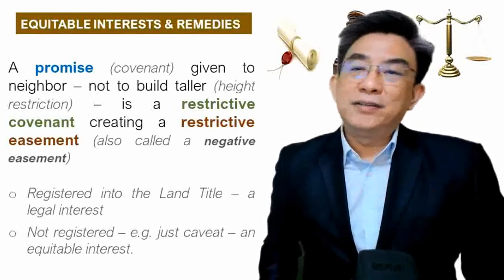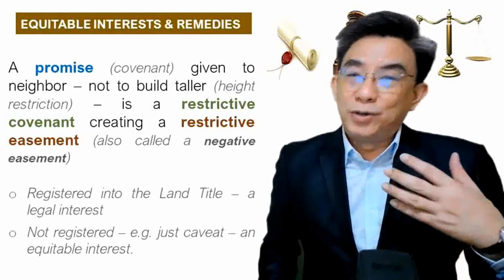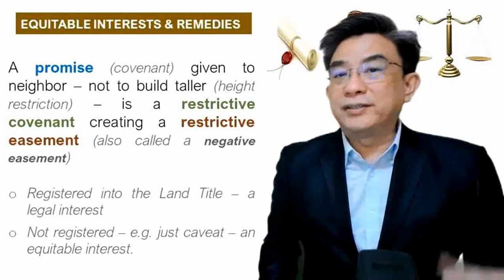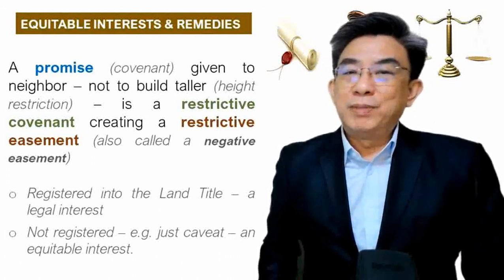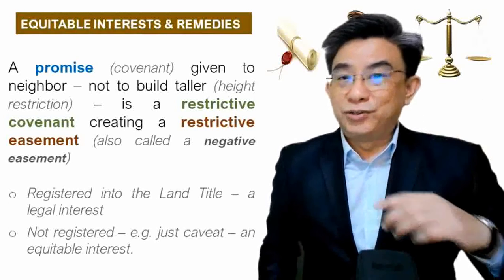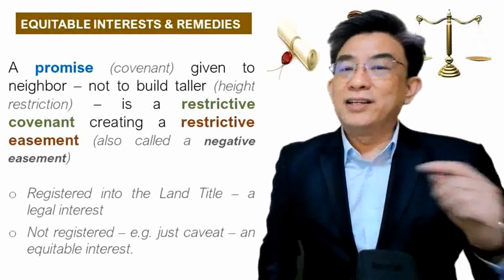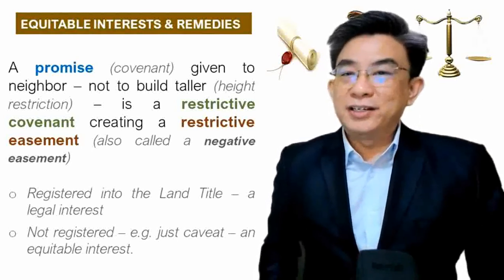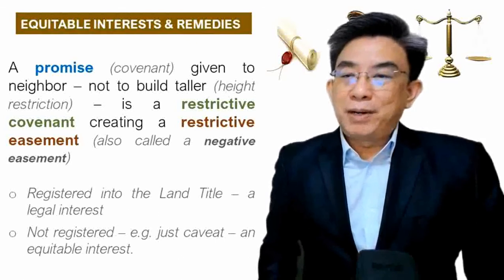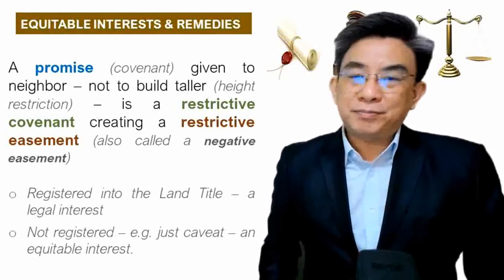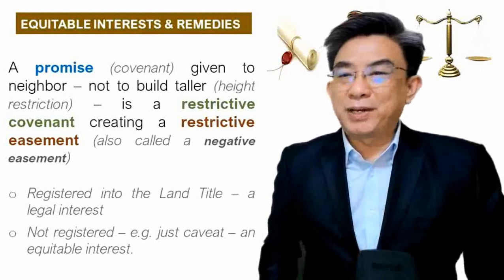So now, what happened? If the two parties go into a deed and then they register the deed, my neighbor's interest will be shown in my title. So that is called a legal interest in land. Now, in this kind of situation, mostly they will say, never mind, just a gentleman's agreement.